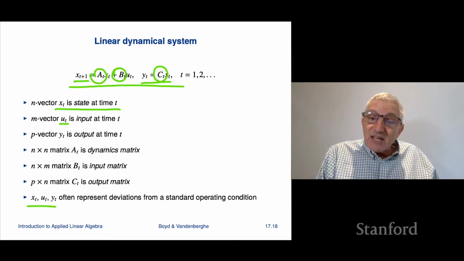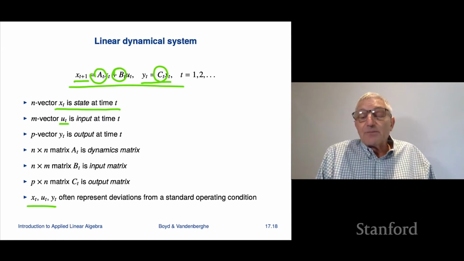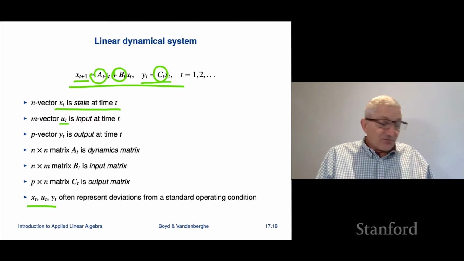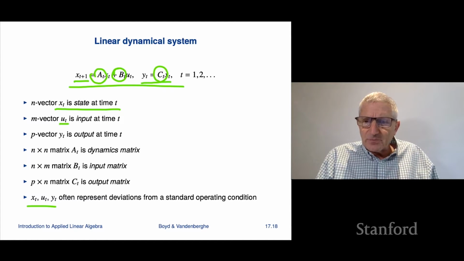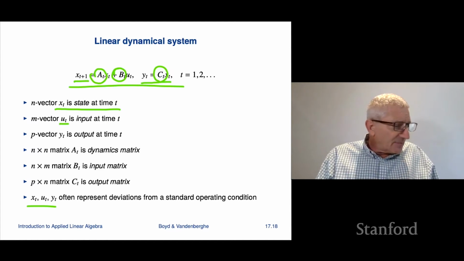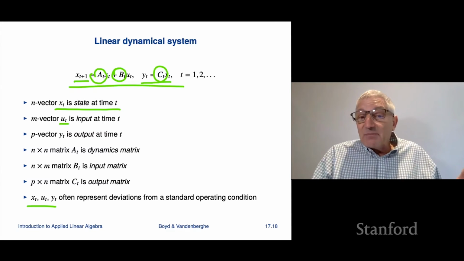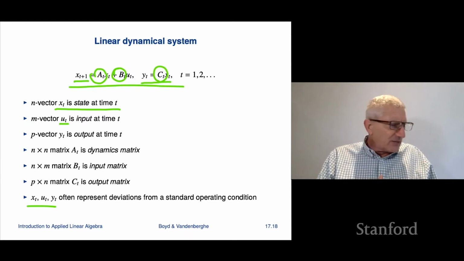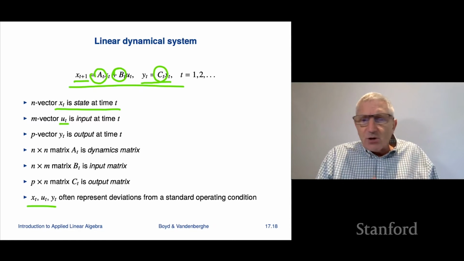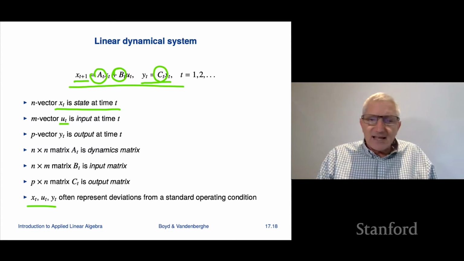They're usually deviations of those quantities from some standard values, some standard operating condition. And usually it's set up in such a way that x equals 0 is good. That means the system is working the way it's supposed to. u equals 0 means the input is what it would normally be. So that's the idea.